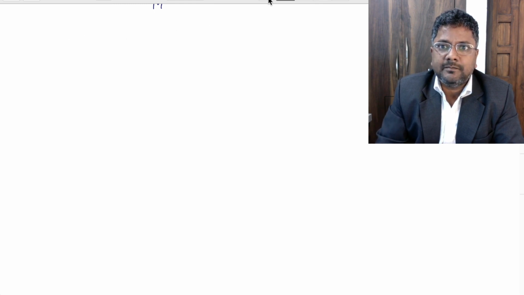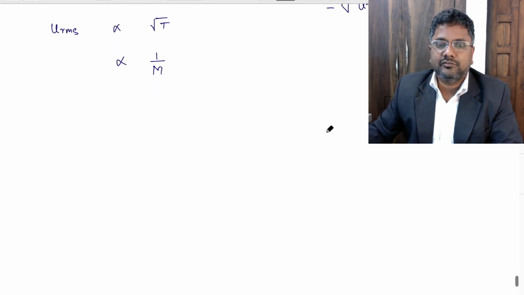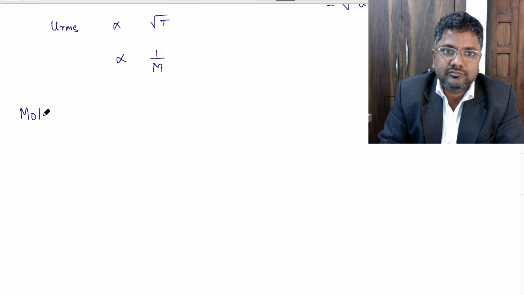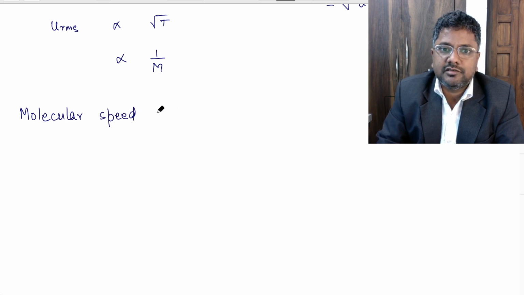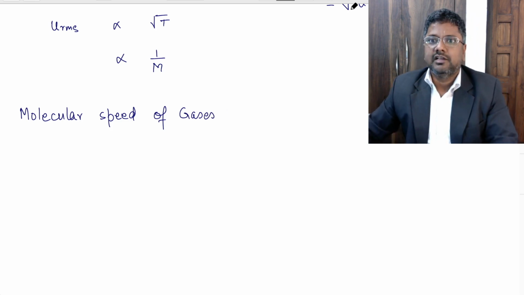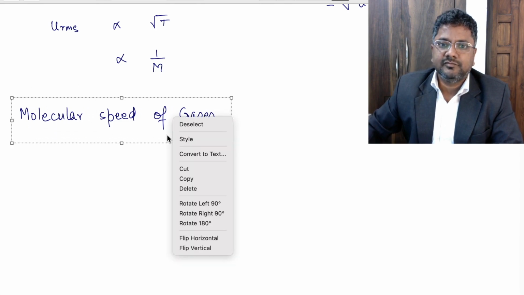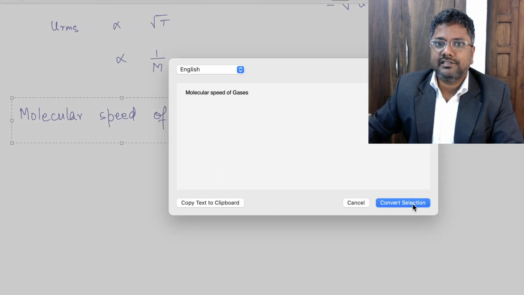Now we can see the molecular speeds of gases. So we have three types of different speeds for gases.